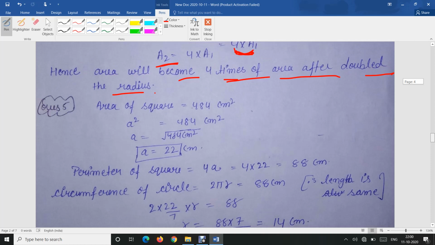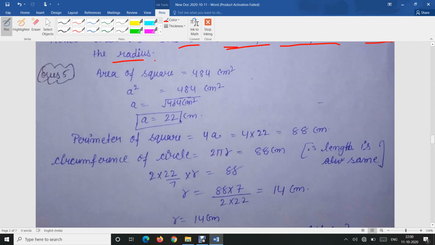Hope you understand the concept behind this question. Now you can see the solution. Area of square is given, 484 centimeter square. From here you can find the value of side by applying the formula of area of square, which is a square equal to 484. If you need to remove this square, then you have to take the square root of 484 centimeter square.